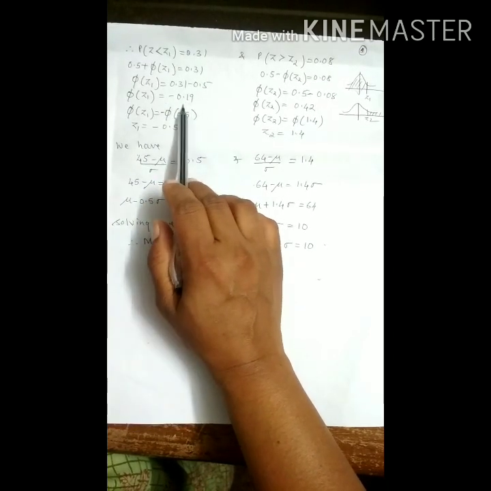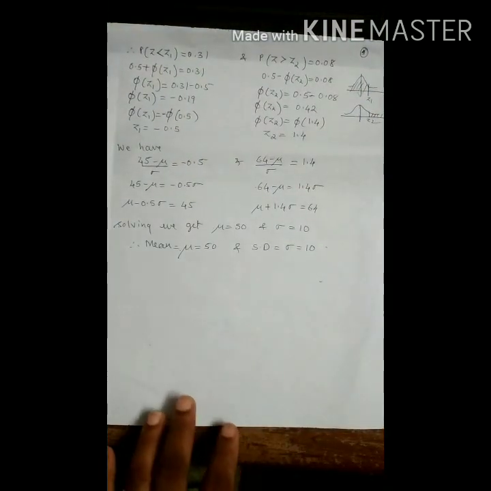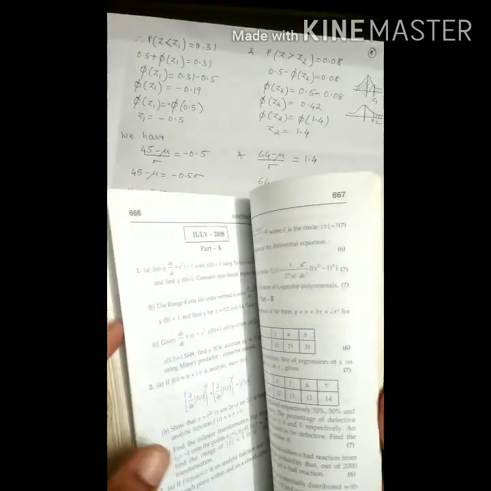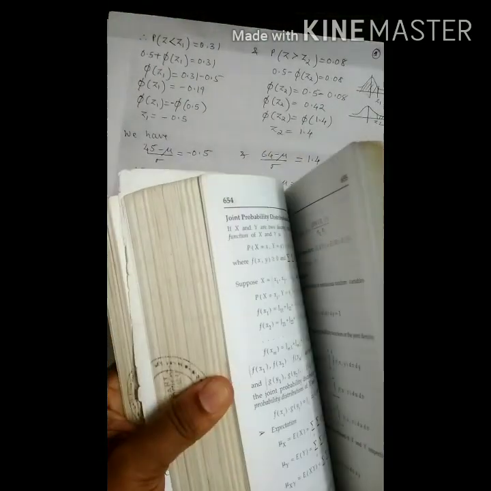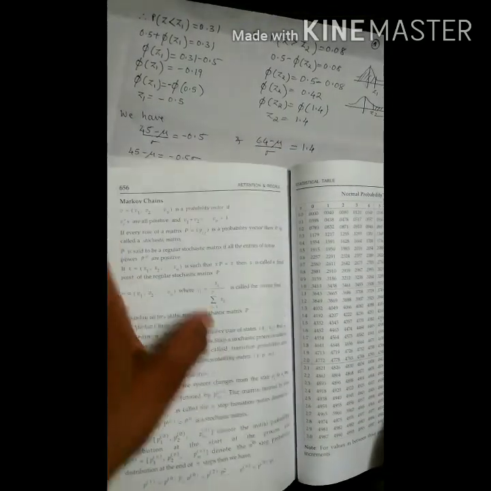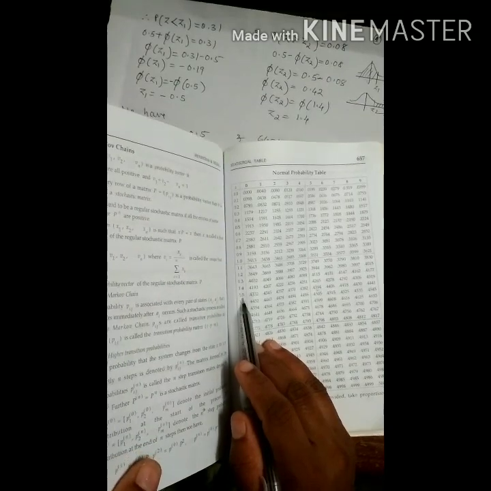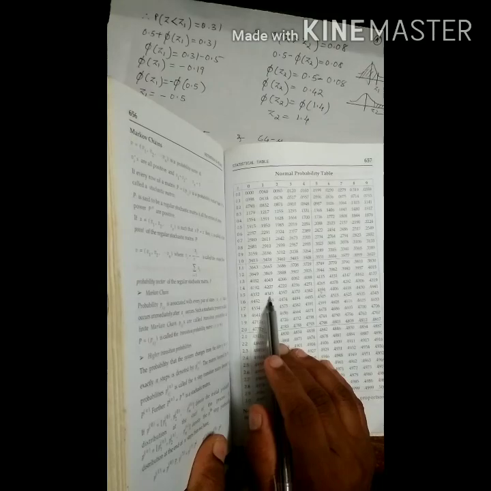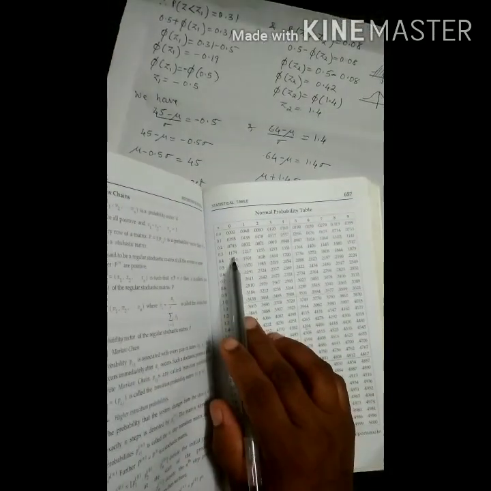From the table, find where 0.19 is. Earlier we used to go for 1.5 under 5; now you have to go in the opposite way and check where 0.19 is.